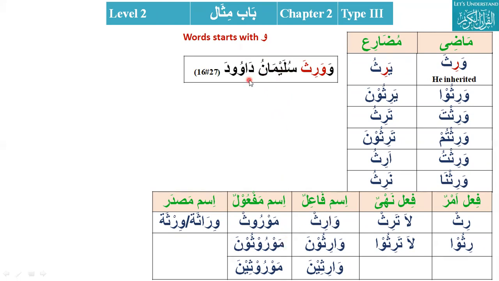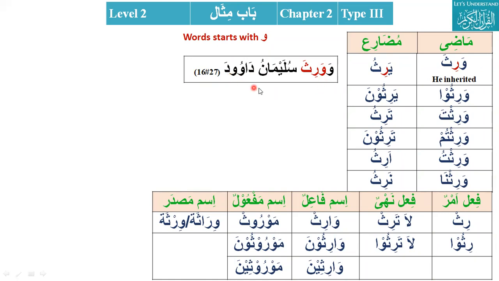I will explain this one. And Dauda, that is the object. The zabar is the mansub. The zabar is always the object and marfu means the subject. So Warisa Sulaimanu Dauda: Sulaiman inherited Daud. This is because of the pesh. But if we change to Daudu and Sulaimana, then what will be the translation?